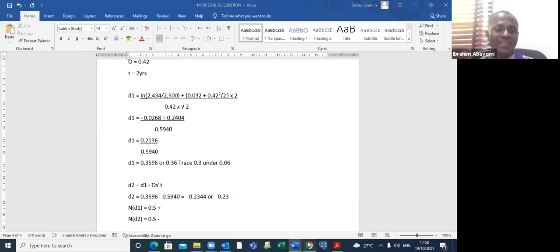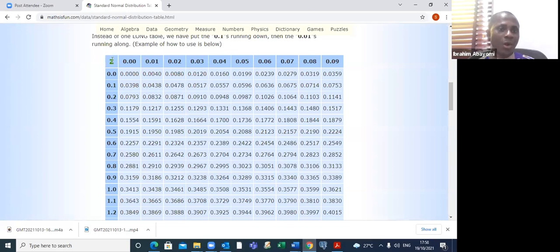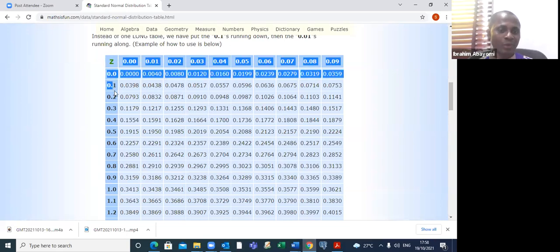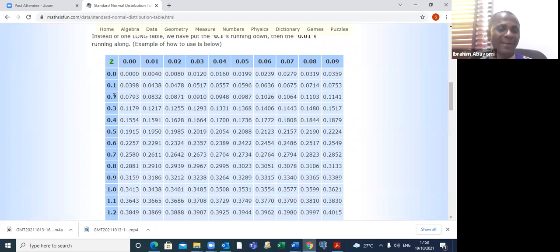0.3 under 0.06. Now, under the vertical axis, this is the vertical here. I will come to where I have 0.3. This is where I have my 0.3. I will now trace it under 0.06.